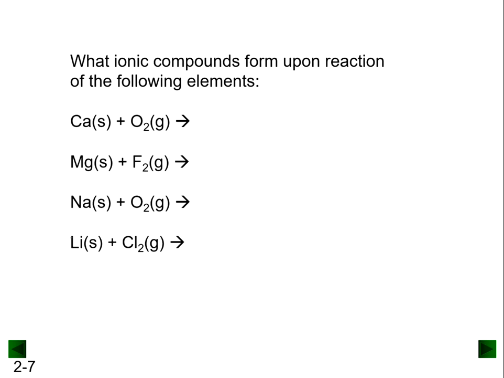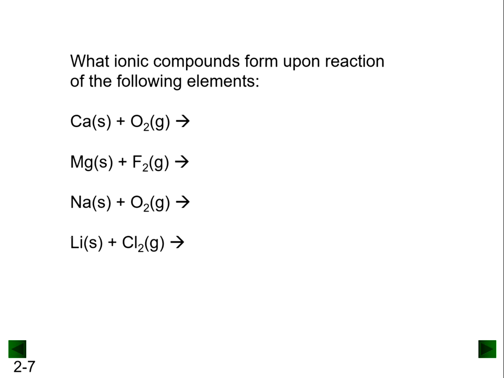Based on those charges, you'll know the smallest whole number ratios of atoms that need to be combined to form a neutral ionic compound. You don't need to balance the reaction. We're not going to balance them in this case. We'll deal with that in the next chapter. But in this case, we simply want to identify the chemical compound that is produced.